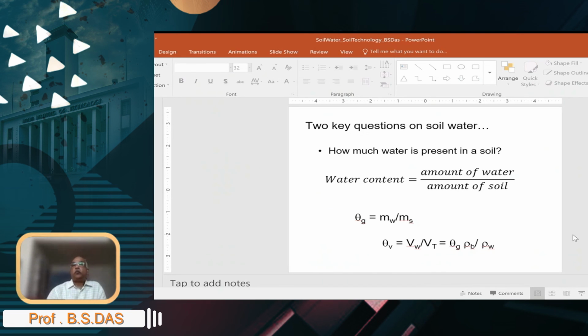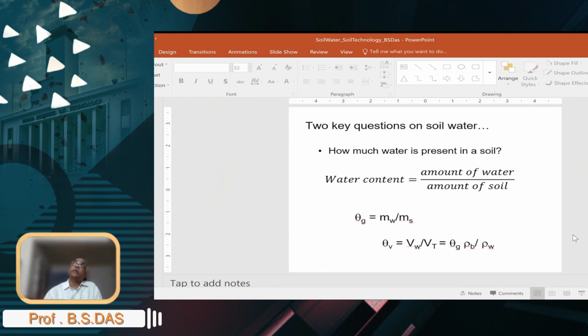So what we have done in this class is that we introduced different methods of measuring the soil wetness, and we noticed that each one of them has relative advantages and disadvantages.